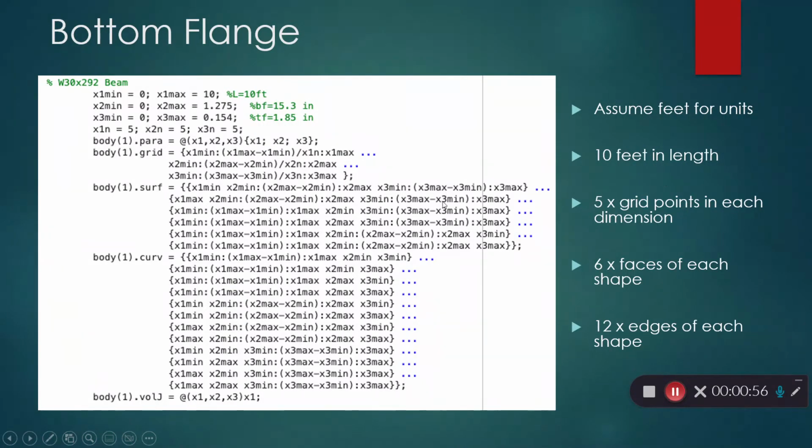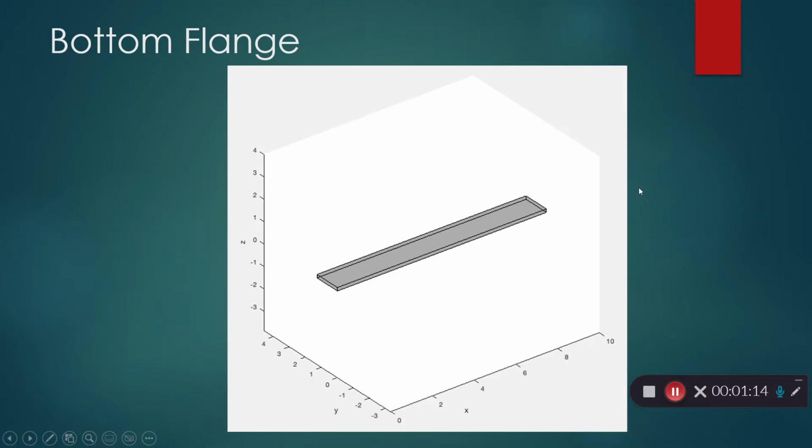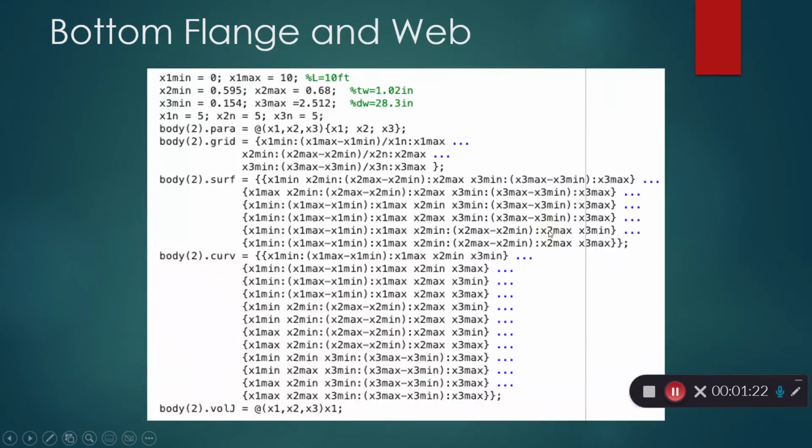And then, like my last project, I kept it with 5 grid points in each dimension, and then obviously each shape itself, each flange, and then each web, and then the web is going to have 6 faces, and then 12 edges. So this is what the body 1 looked like, or the bottom flange, when the code was complete.